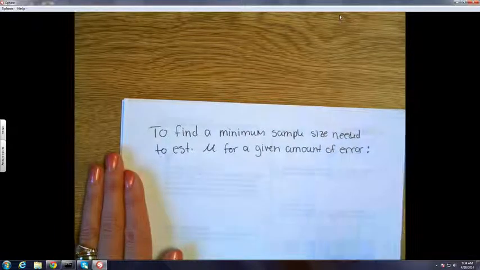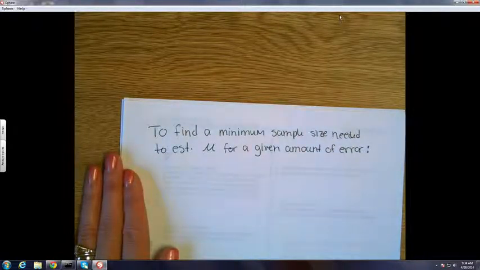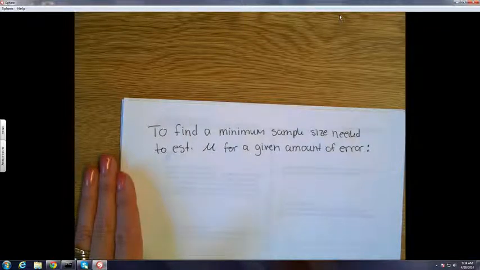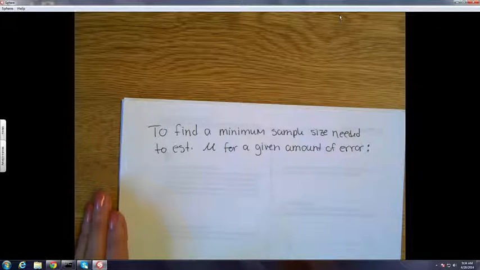So let's say you want your interval to be no more than, say, 5 away from the actual mean. So you're setting the amount of error you are going to allow. How big of a sample do you need to have that happen?